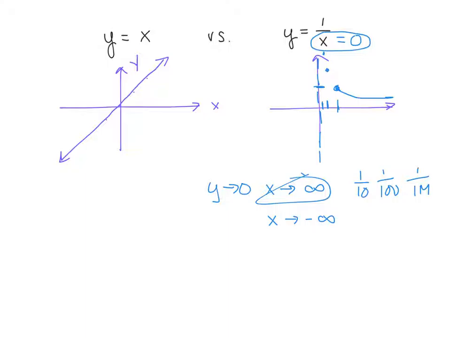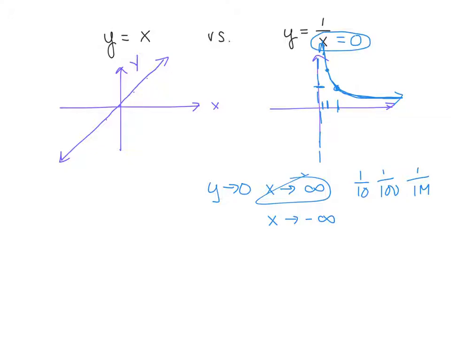So between 0 and 1, the values of y are increasing. So we have a function that looks like this in the first quadrant. And let's compare what happens on the left side of the axis.